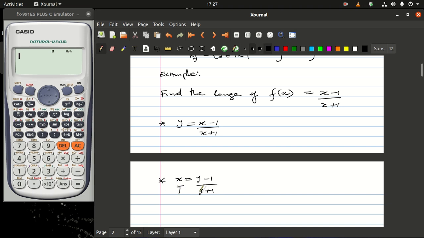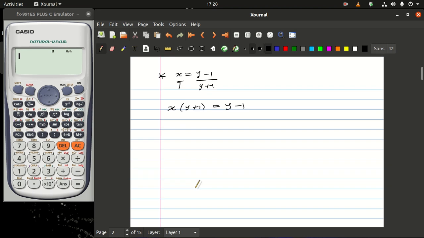And then the second thing here, I'm going to cross multiply. I will have x times y plus 1 is equal to y minus 1 times 1, which is just the same thing here. And then I'm going to distribute here. I'm going to end up having xy plus x is equal to y minus 1.